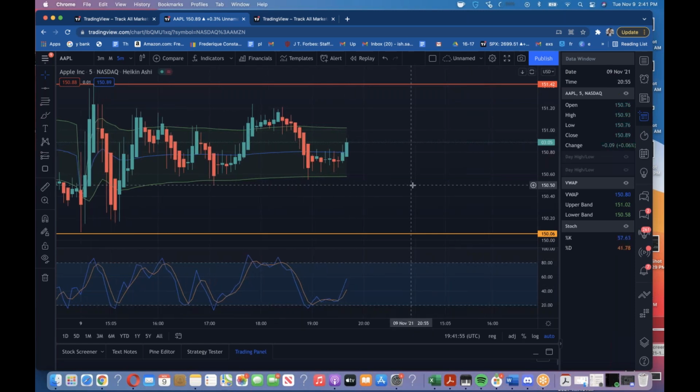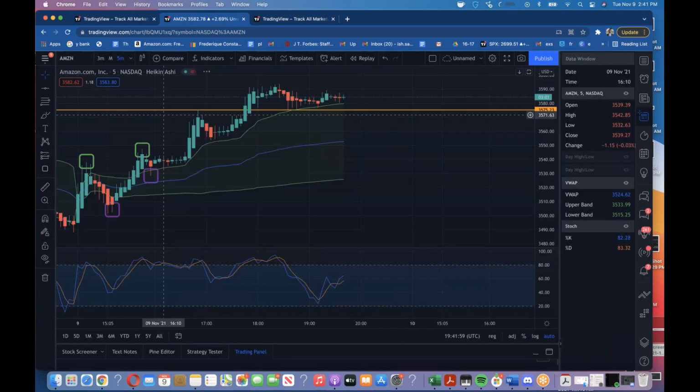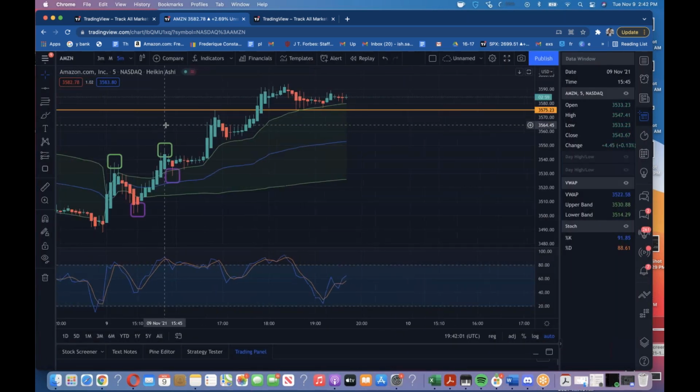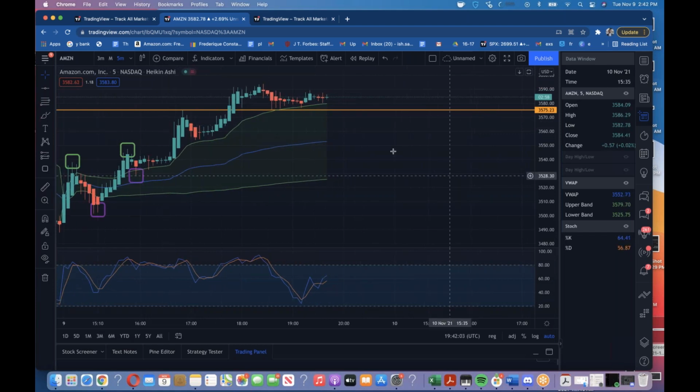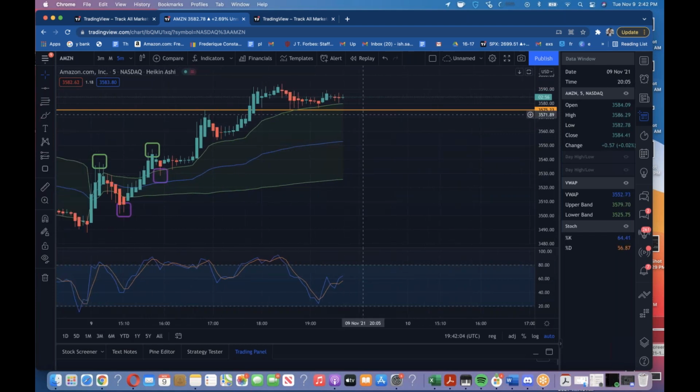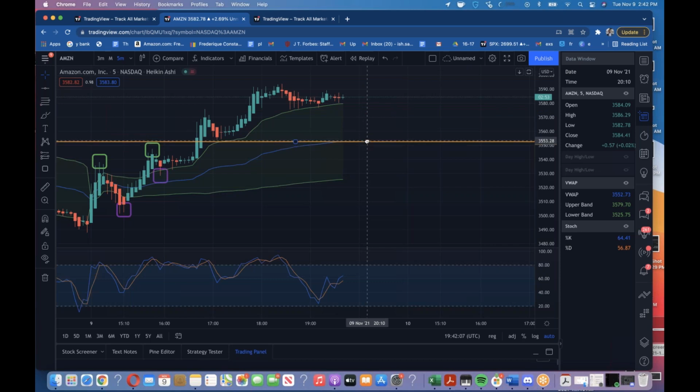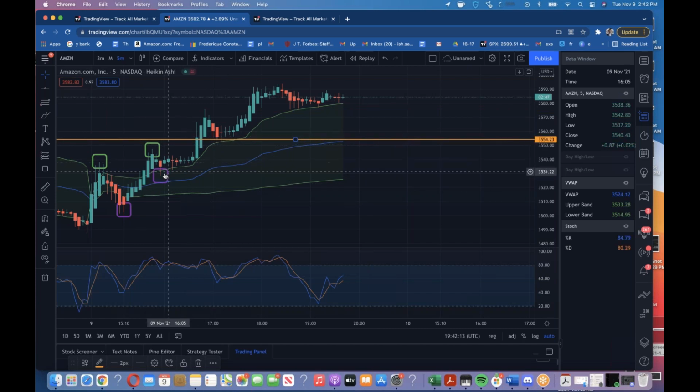But what you can also see, and I'm not sure if I can find a good stock off the top of my head right now where a VWAP bounce worked well, is, for example, on a strong stock, and we'll talk about Amazon here. We're looking at this higher low, and this higher high, right?